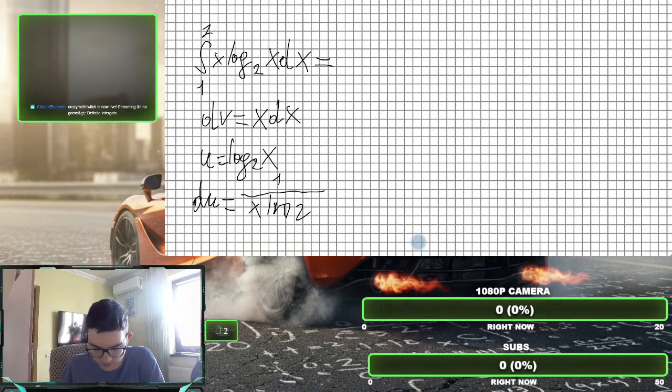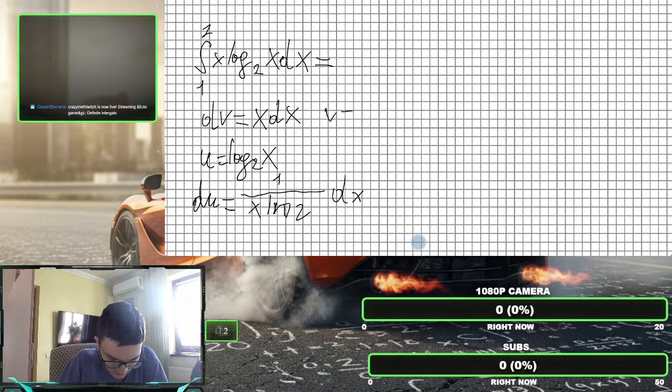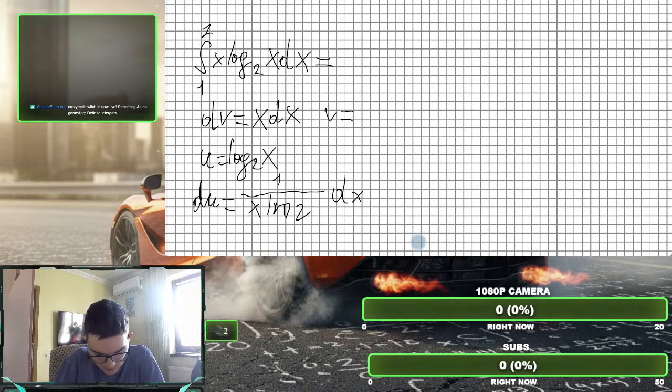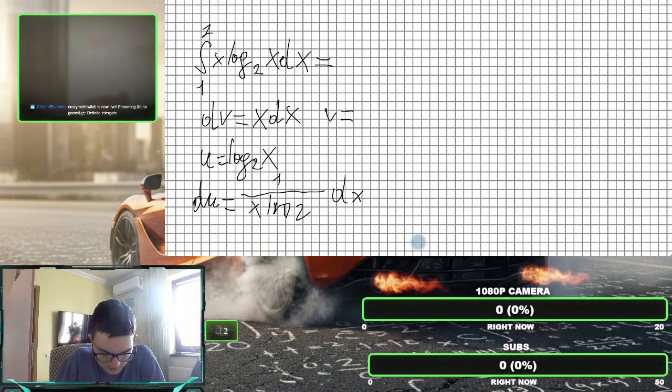And now you just have to put a dx at the end, at the du. Now the v here, v is just that integrated, so if it's an x, it's gonna be x to the second power divided by 2, and the dx gets removed.